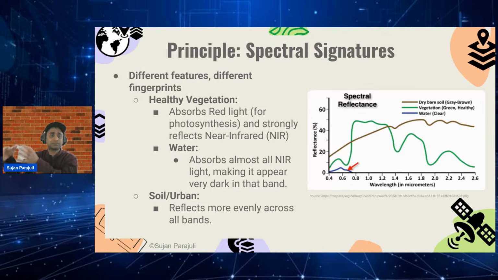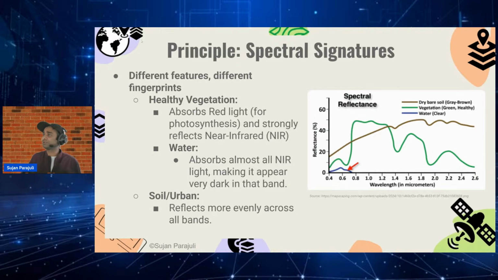In order to calculate that index, you are using two bands: the red band and the near infrared band, which are the information stored on the sensor. For example, water looks dark because it absorbs all those wavelengths. There are other different features too, so this is for land cover classification.